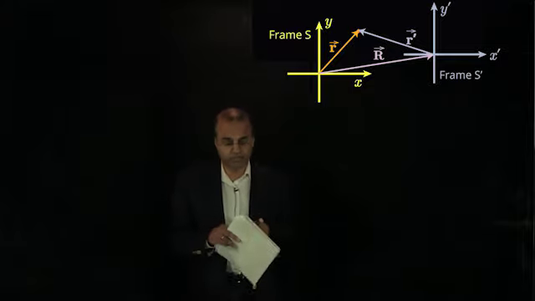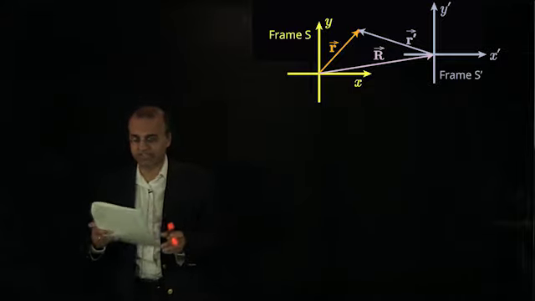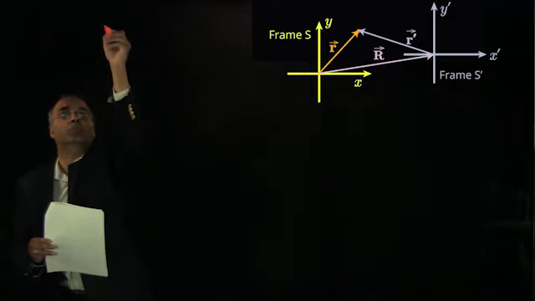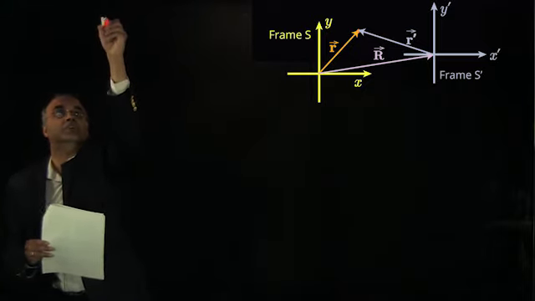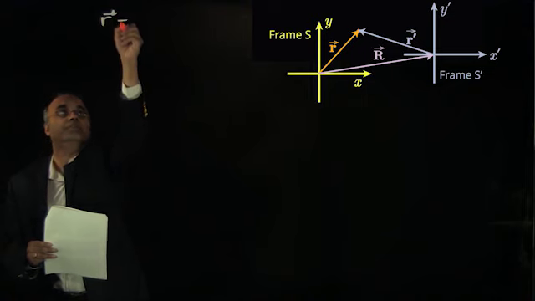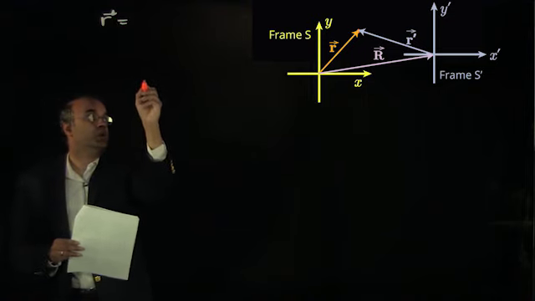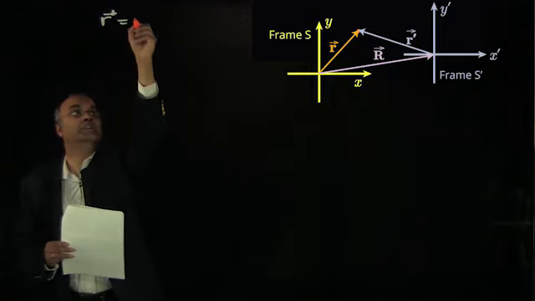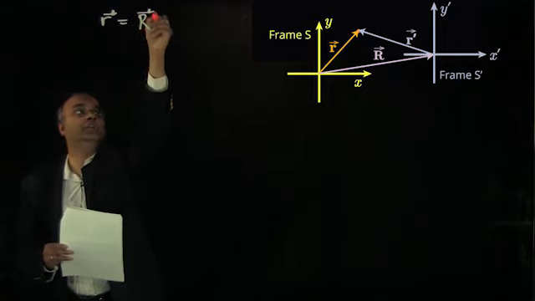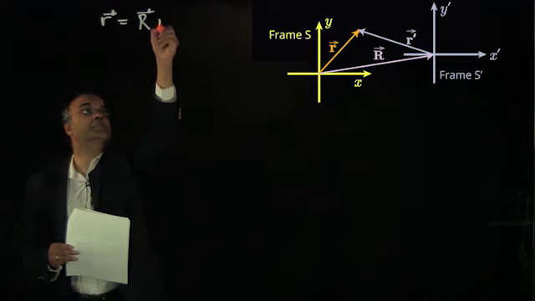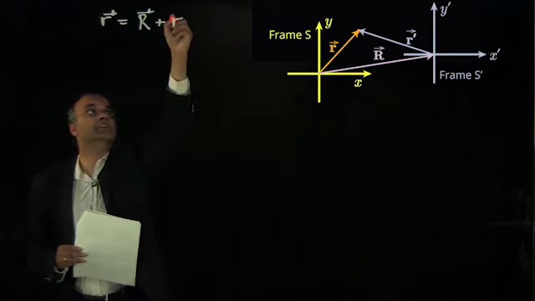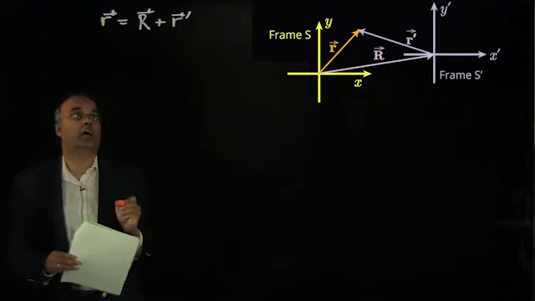Well, from the geometry of the diagram, we can see that the position measured by observer S, which is just little r, is equal to the position of observer S prime relative to observer S, which is capital R, plus the position vector measured by the observer at S prime, which is little r prime.